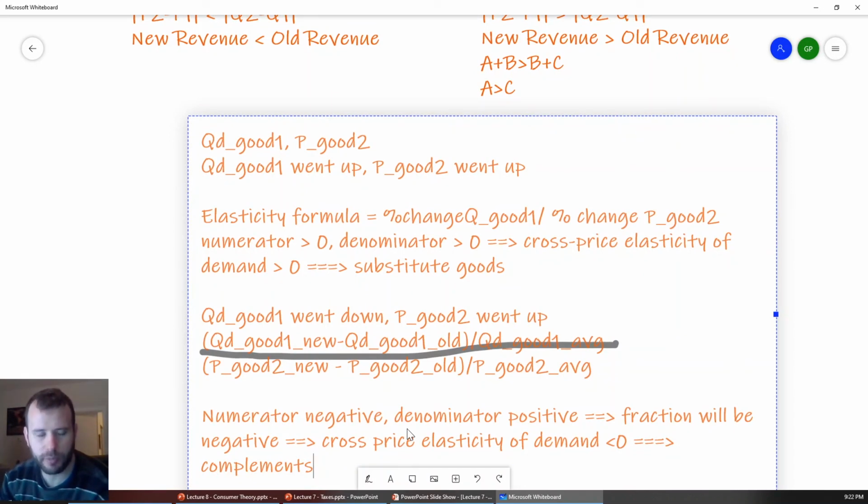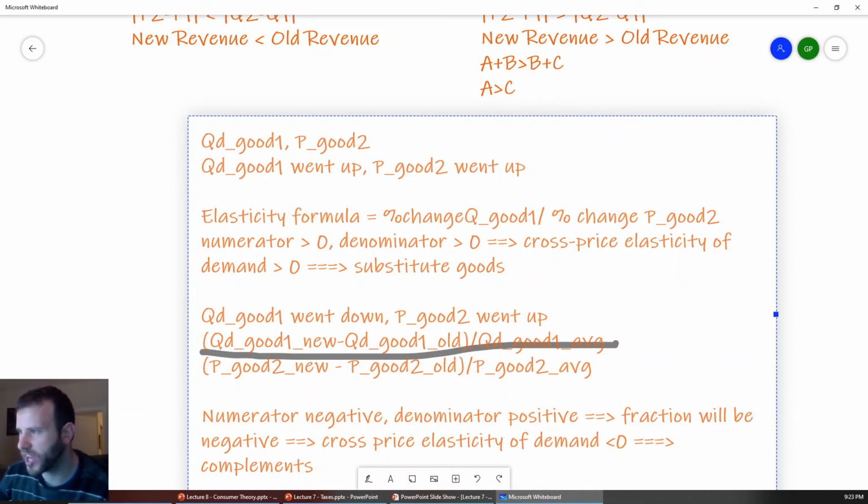If I consume peanut butter in tandem with jelly, and the price of jelly went up, then I would consume less peanut butter. In this case, jelly would be good 2. The price of jelly goes up, I consume less peanut butter, so quantity demanded of peanut butter will go down. So those are complement goods.